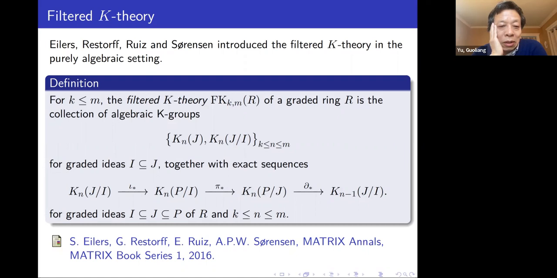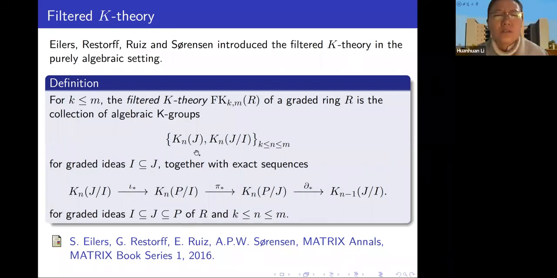I wonder how this is related. Of course, this is algebraic K theory. We were doing it for graded C-star algebras. I have the feeling they should be related. Other than here, you are not considering the analytic structure. It's just a comment.